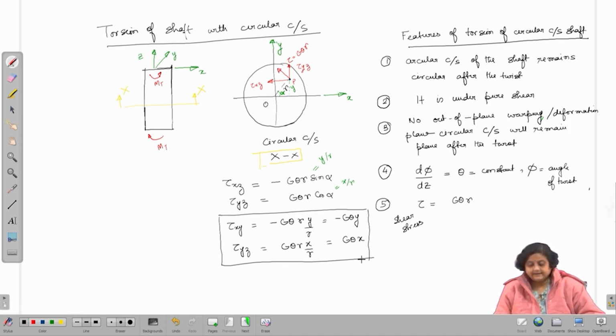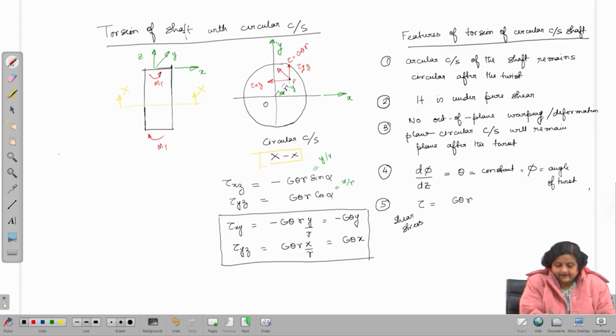Now, in summary, what we can say is that a circular cross section shaft under pure torsion has only two non-zero stress components. Let me write down.